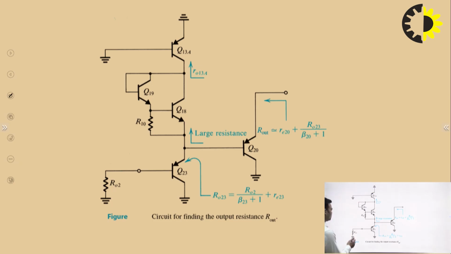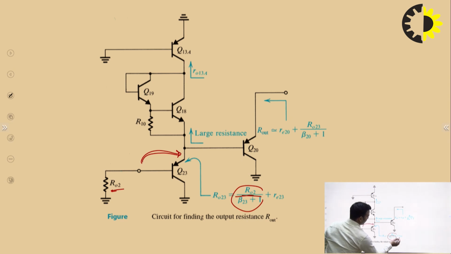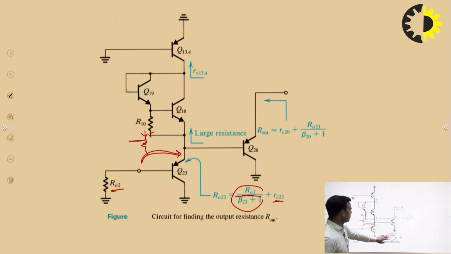After this, if you consider it as RO2 and go towards the output side, it should get divided by beta plus 1. If you move from output side to input side, the resistance gets multiplied by beta plus 1. If you move from input side to output side, this resistance gets divided by beta plus 1. And this is Re23. If you replace it with the same T model, here this alpha E. So this is how you can find it out.